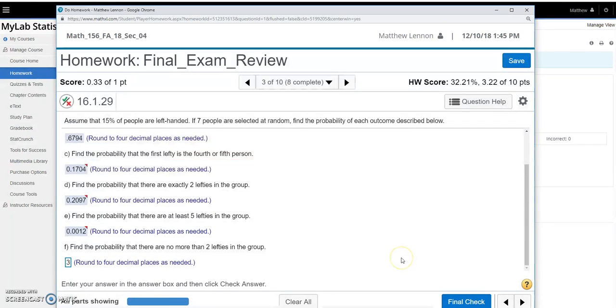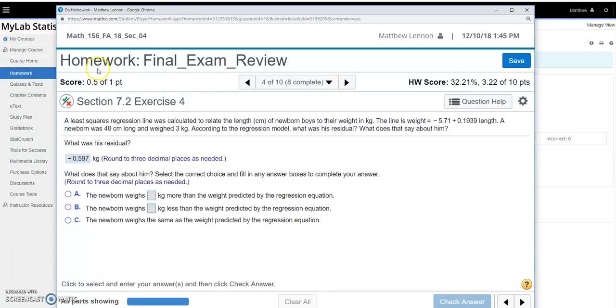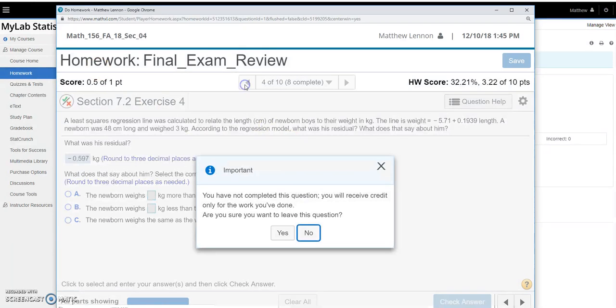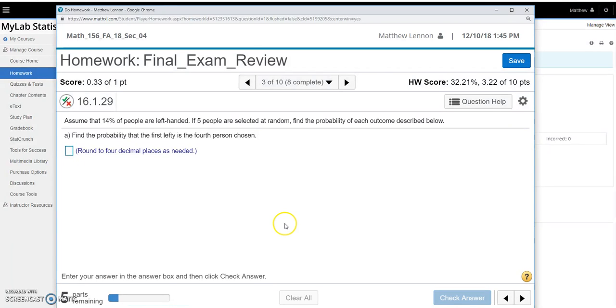I wish there were a way to just do a similar question immediately. Okay, so let's go back to that one and do a similar question. So find the probability that the first lefty is the 4th person chosen. So 5 people are selected at random.